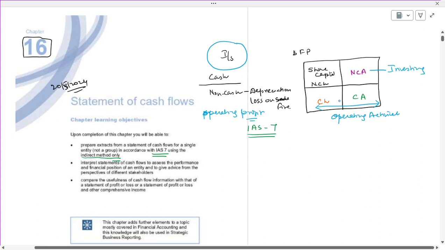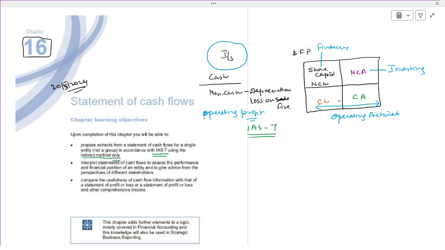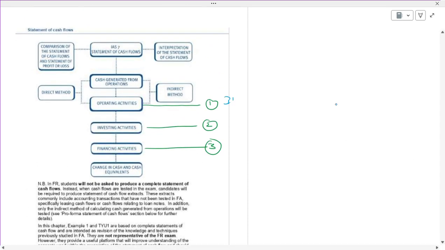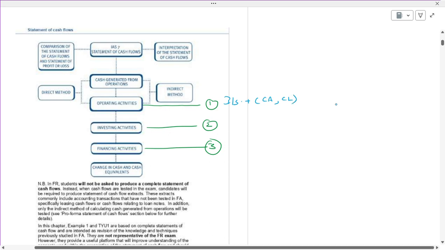Financing activities, as the name itself says, relate to share capital and non-current liabilities, which you show separately. Operating activities include the income statement plus whatever relates to current assets and current liabilities.